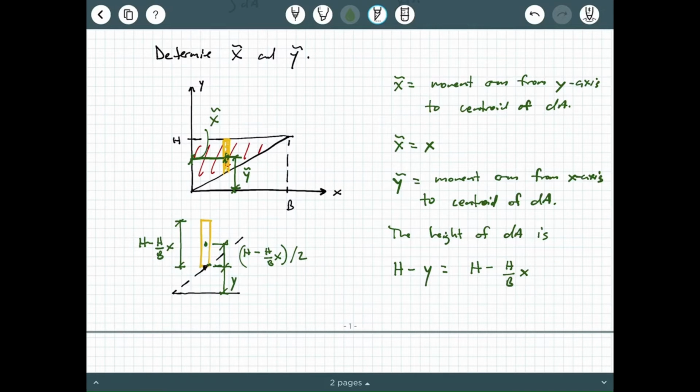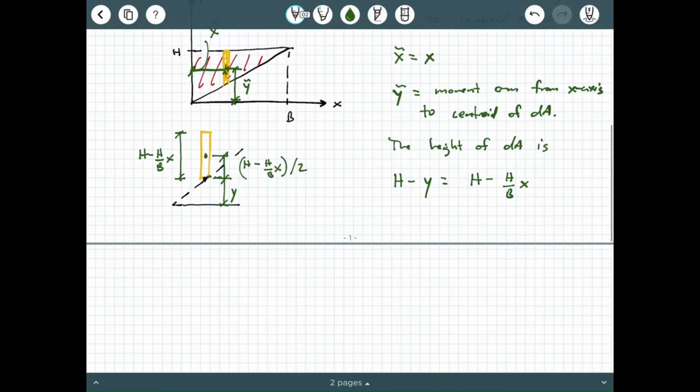But I need the moment arm all the way down to the x-axis. That's down here. So I have to add to it y right here. And what is y? Y is my function, so y, of course, is still h over b times x. So I'm going to say y tilde is H minus h over b x divided by 2 plus h over b times x.